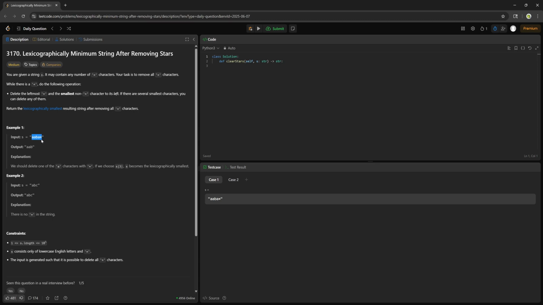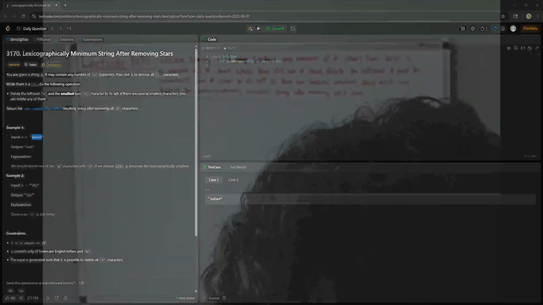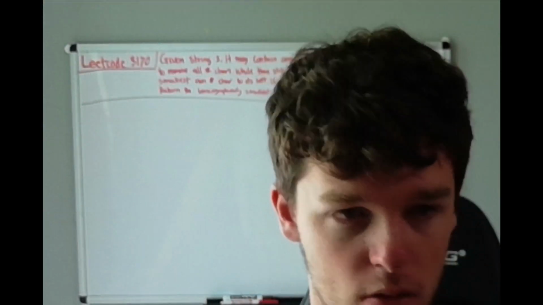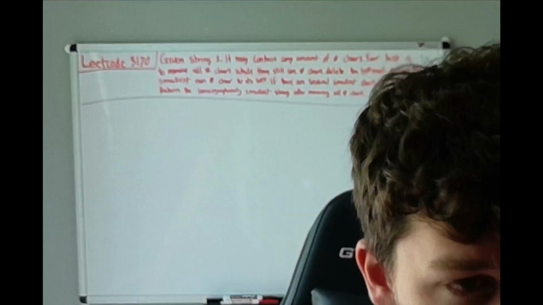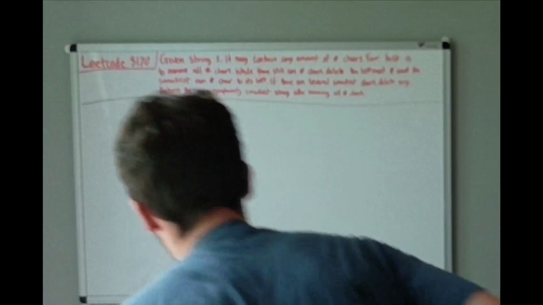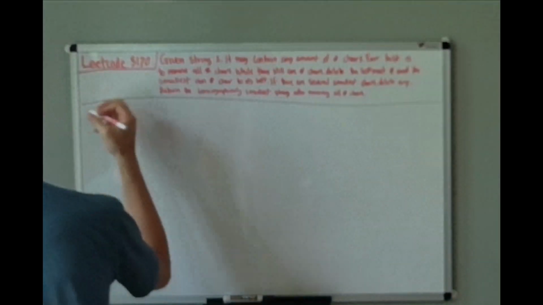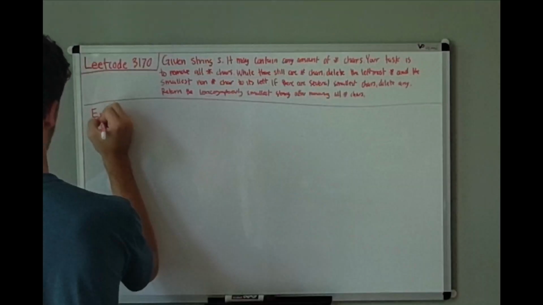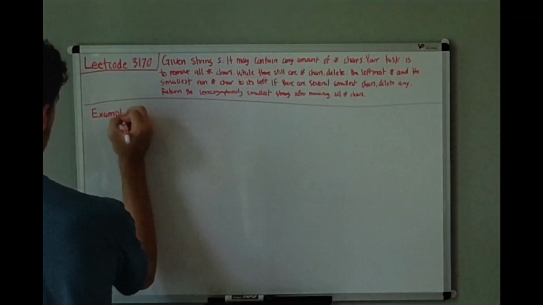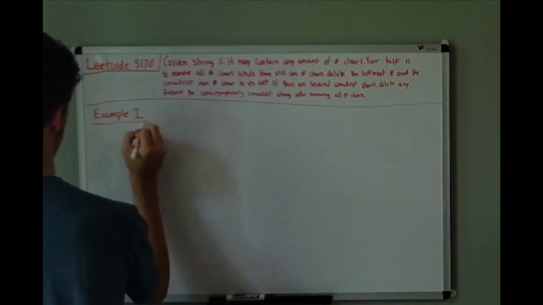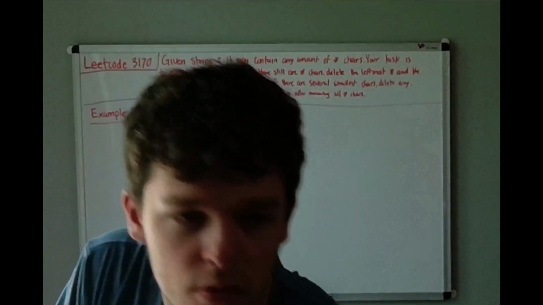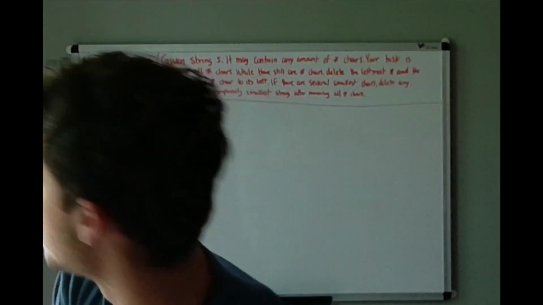Let's actually go through this problem on the whiteboard. Okay. So example 1. What is it? AABA star.